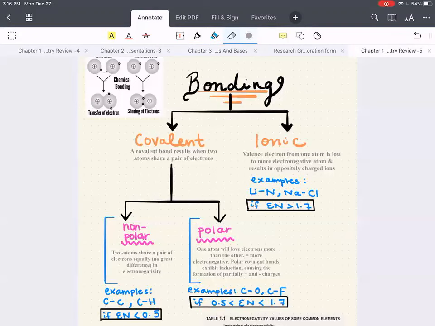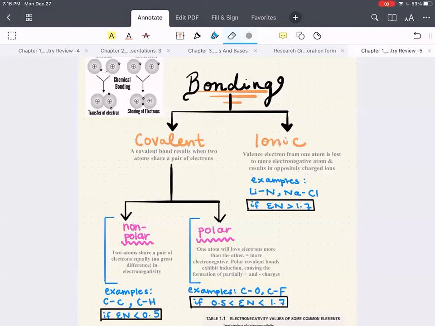Now, what variable do we use to determine what kind of bonding is occurring? How do we know when ionic bonding is occurring, when covalent bonding is occurring, when specifically non-polar or polar covalent bonding is occurring? What variable are we using to define the limits of each of these bonding types?